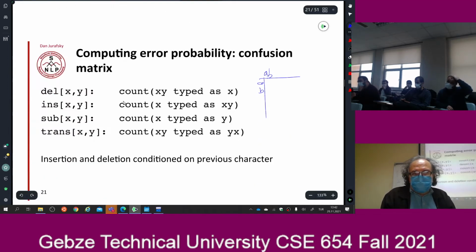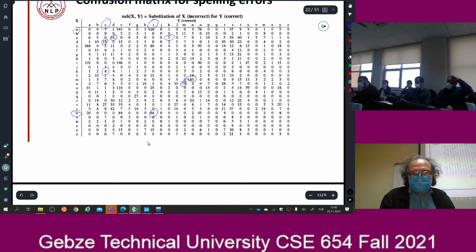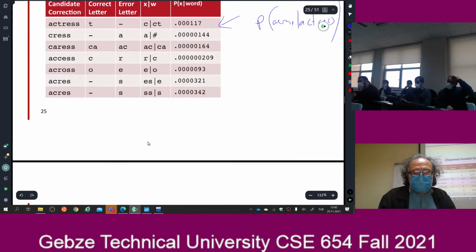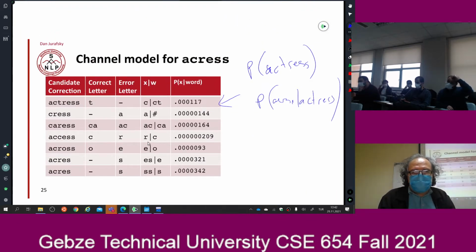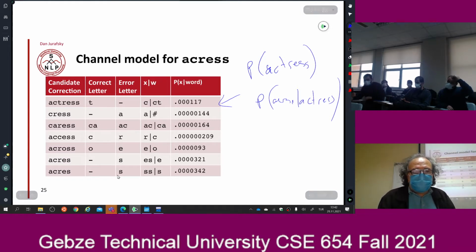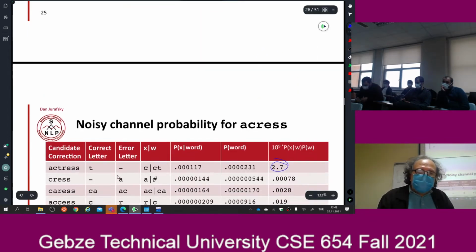So edit probability, we talked about these matrices. These are the letter errors depending on what kind of error you made. It came from the table. I know the word probability.